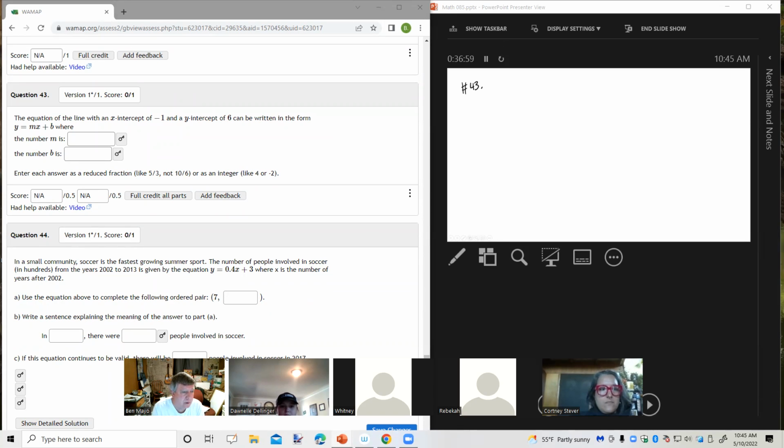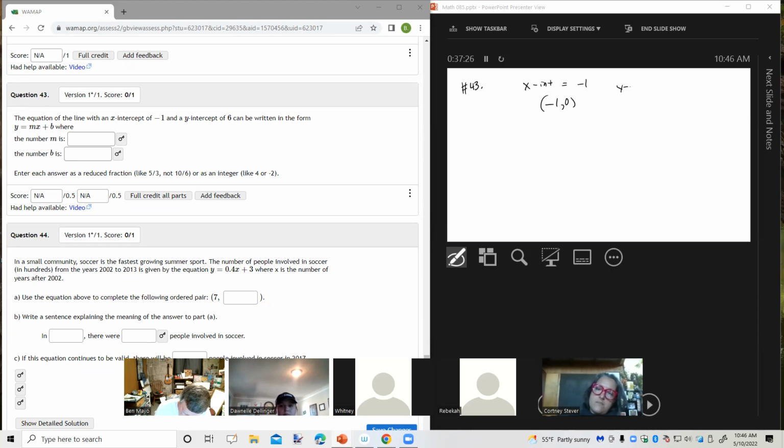The equation of a line with an x-intercept of -1 and a y-intercept of 6 can be written in the form y equals mx plus b. The number m is, the number b is, okay. So basically we've got 2 points. Since the x-intercept equals -1, we've got the point -1, 0, because to find the x-intercept, you set y equal to 0. Remember we talked about that?